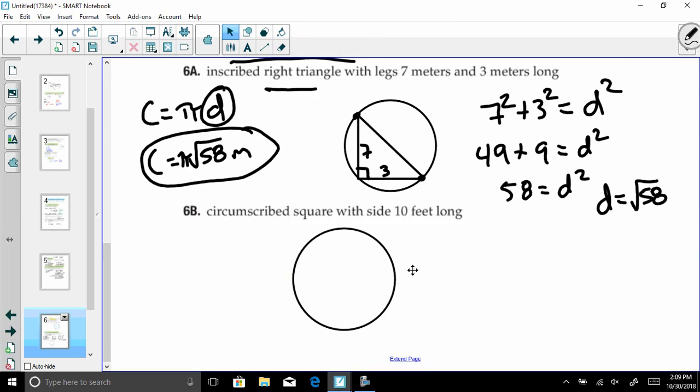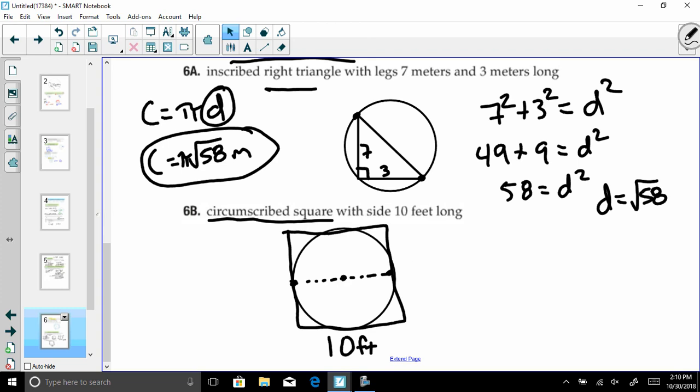We've got a circle, and the square is circumscribed, so the square goes along the outside, and that's not a bad freehand square. It tells us that the sides of the square are 10 feet. So if the sides are 10 feet, then it would also be true that here in the middle would be 10 feet. That segment I drew there, of course, is a diameter.